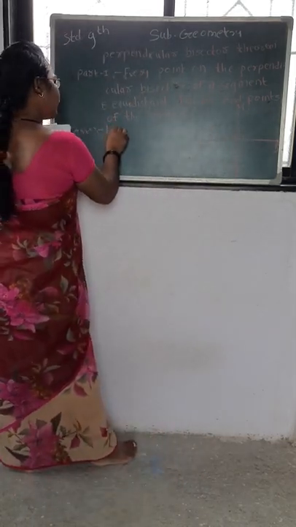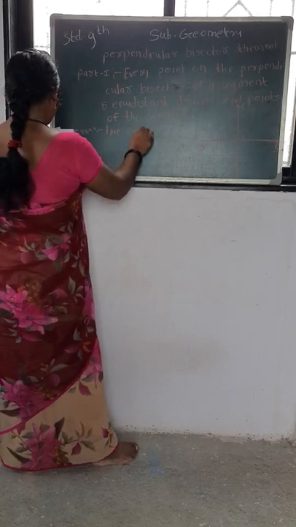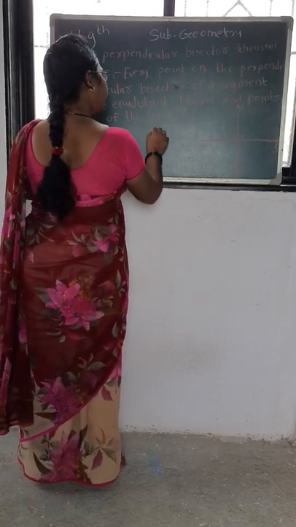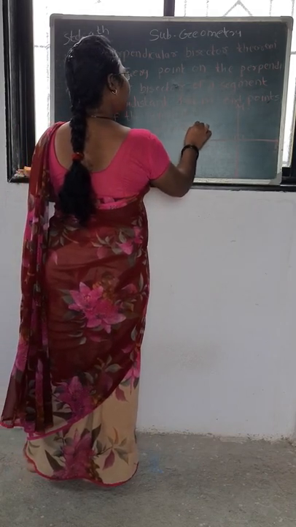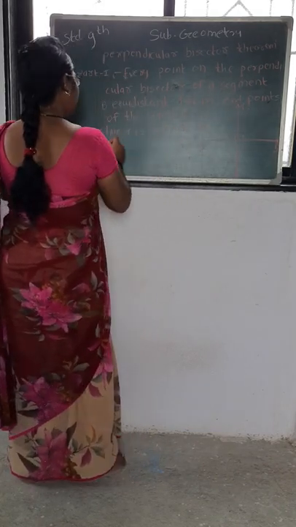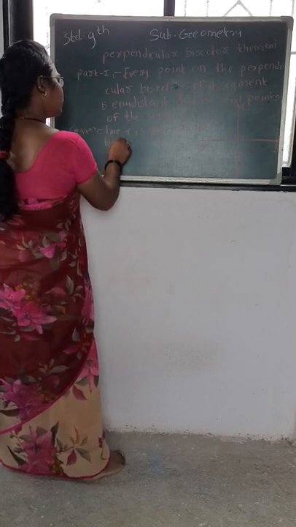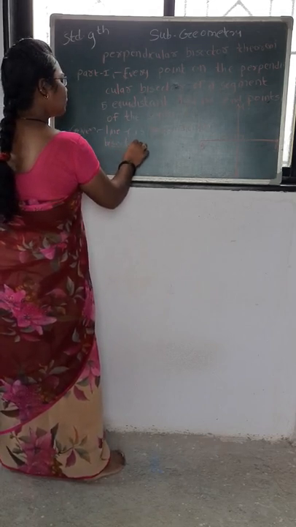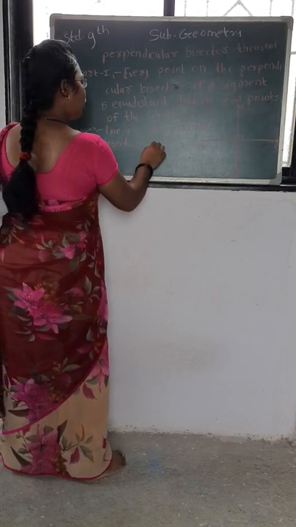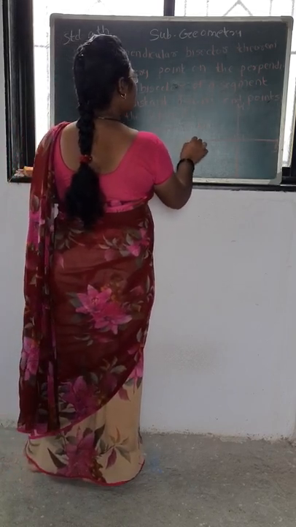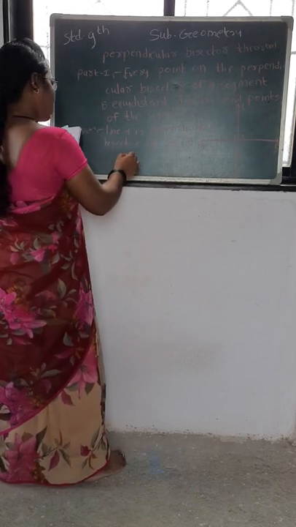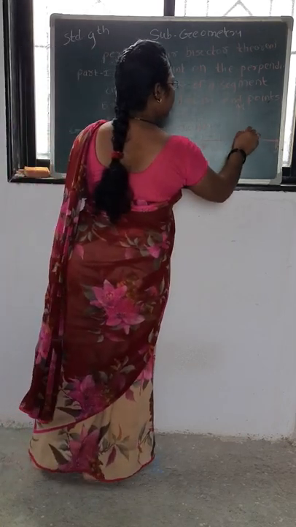Given that line L is the perpendicular bisector of segment AB at point M.